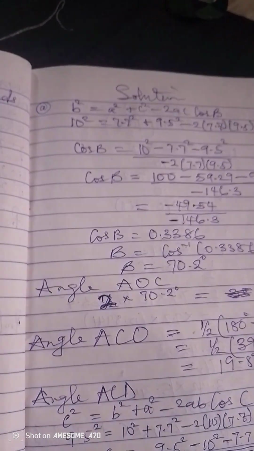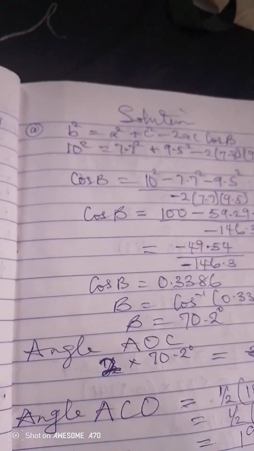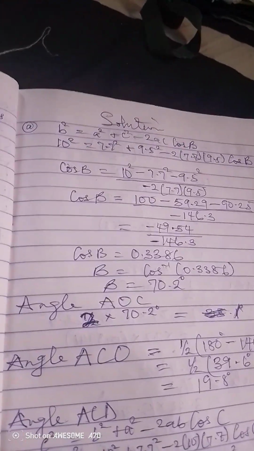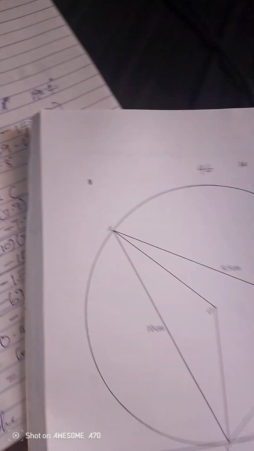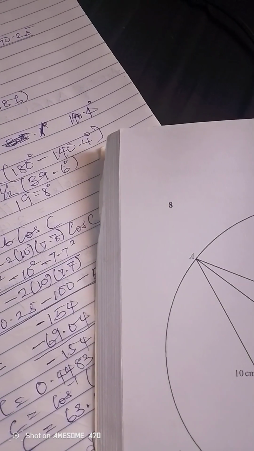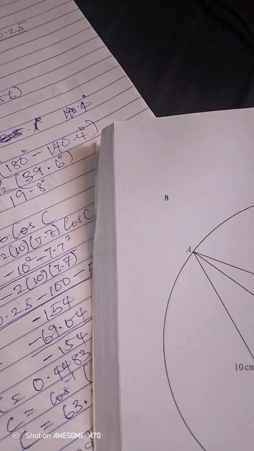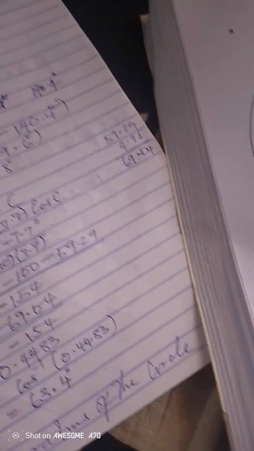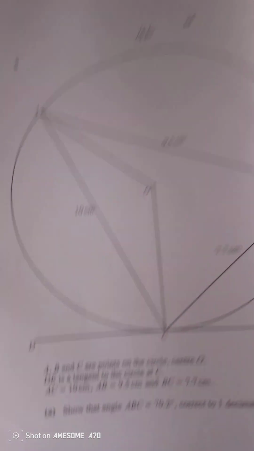That is a part of trigonometry. Now, in solving question B, it says calculate the angle AOC. It is expected that the students will observe the diagram very well. O is the center of the circle, and the angle available to us, angle B, is an angle on the circumference.